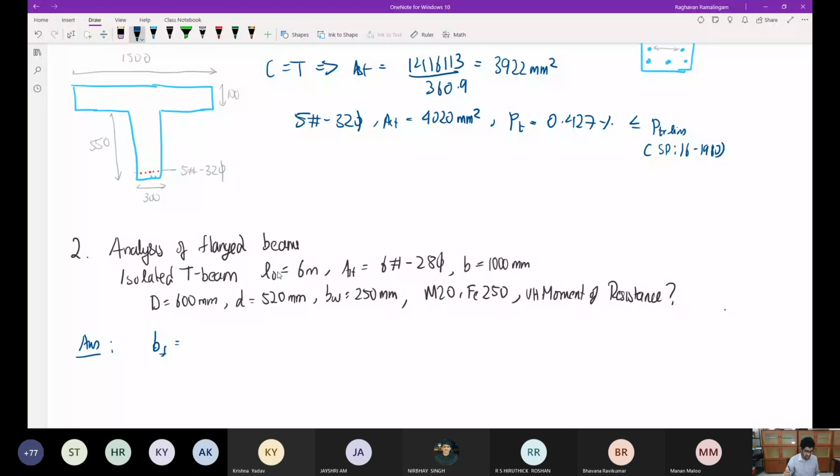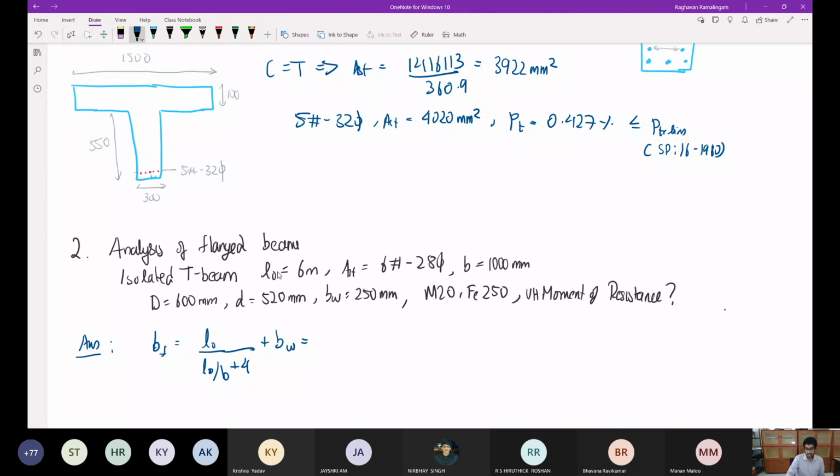The code book says that for this kind of section, the effective flange width is given by L0 divided by (L0 by B, the actual B which is given, plus 4), plus the width of the web.